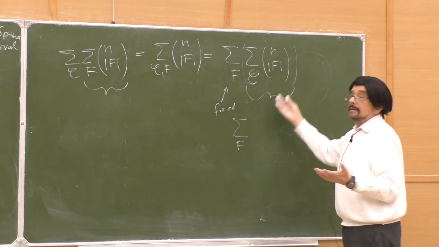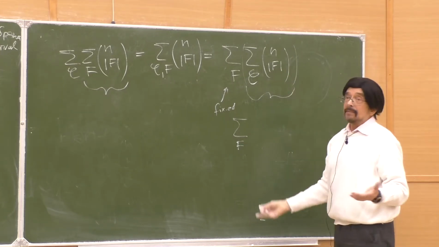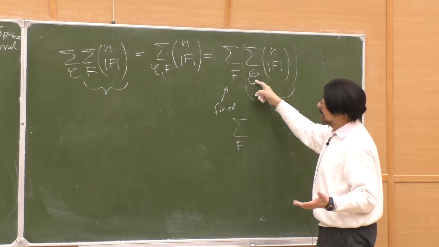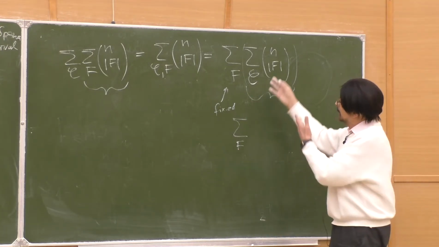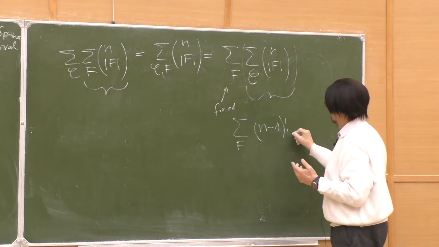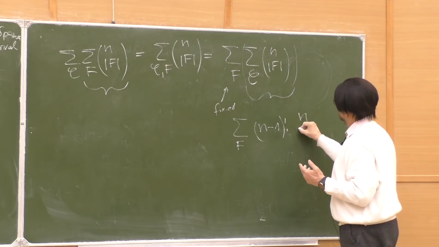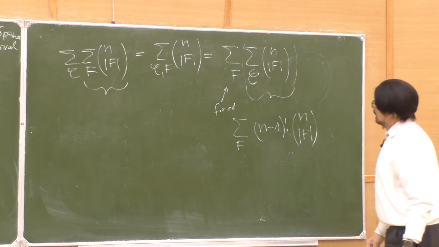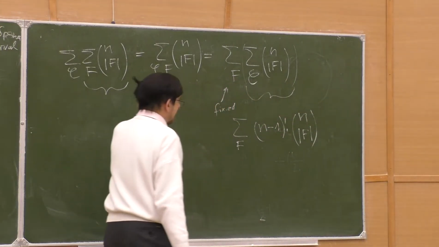This sum is just trivial because this number is the same for every term. We just have to calculate how many cyclic permutations there are, how many times we take this. And this is like before, summing for F.